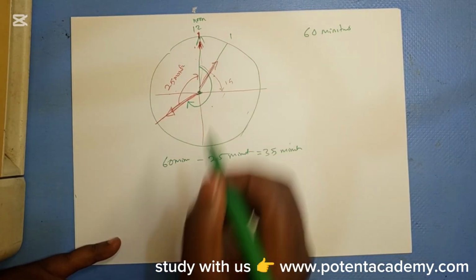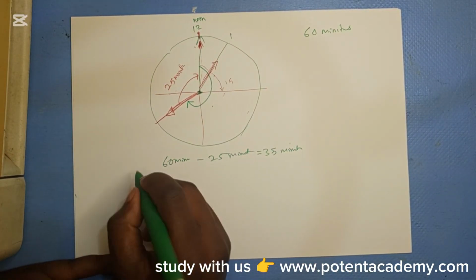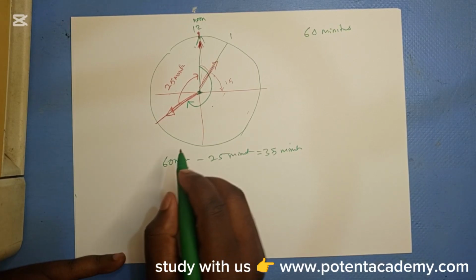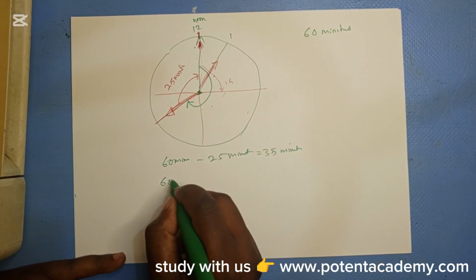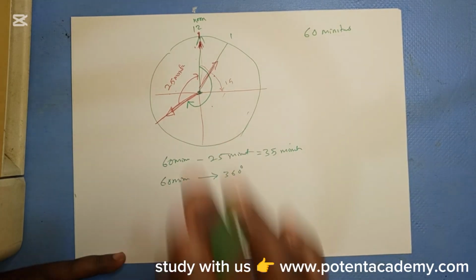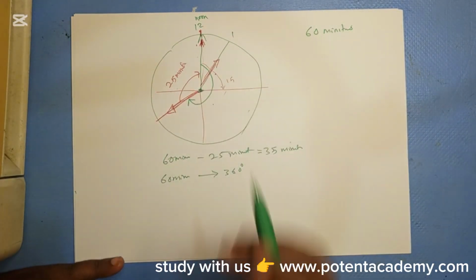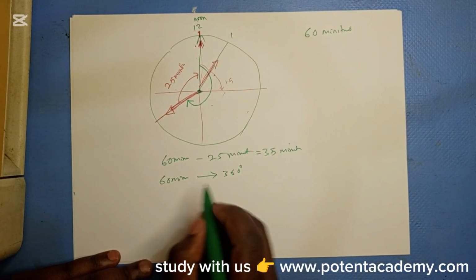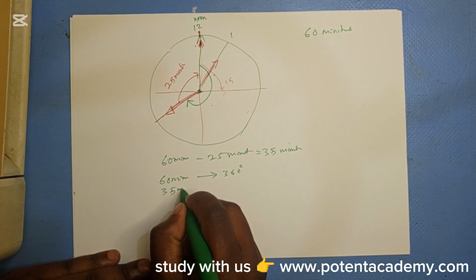Going around it is 360 degrees, so 60 minutes represent 360 degrees on this clock. So what about when it moved 35 minutes?